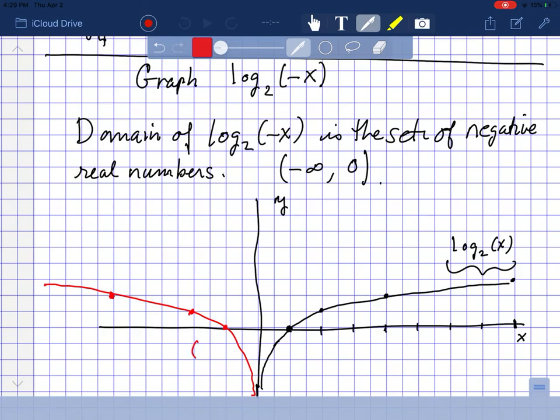Okay. And that's it. So this point is minus 1, comma 0. This point is minus 2, comma 1. This point is minus 3, comma 2. Okay? All right. Take a look at some of the suggestions.